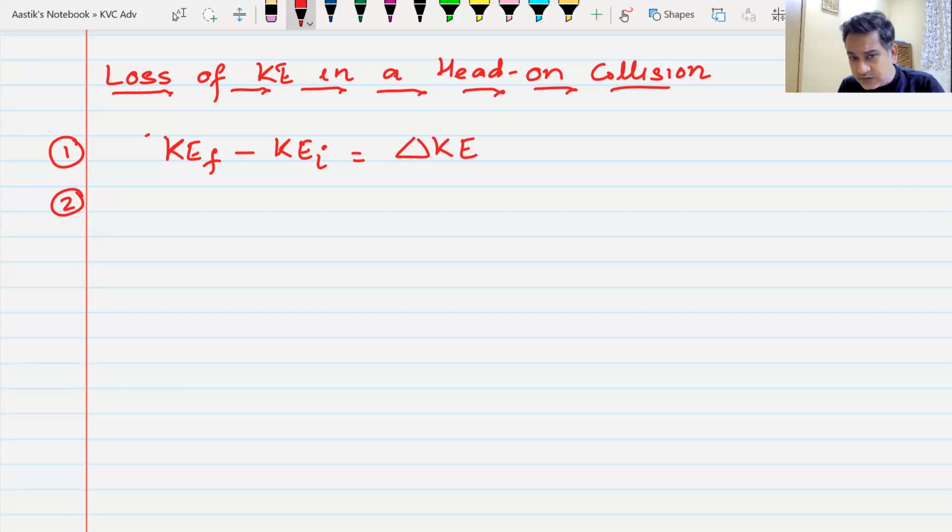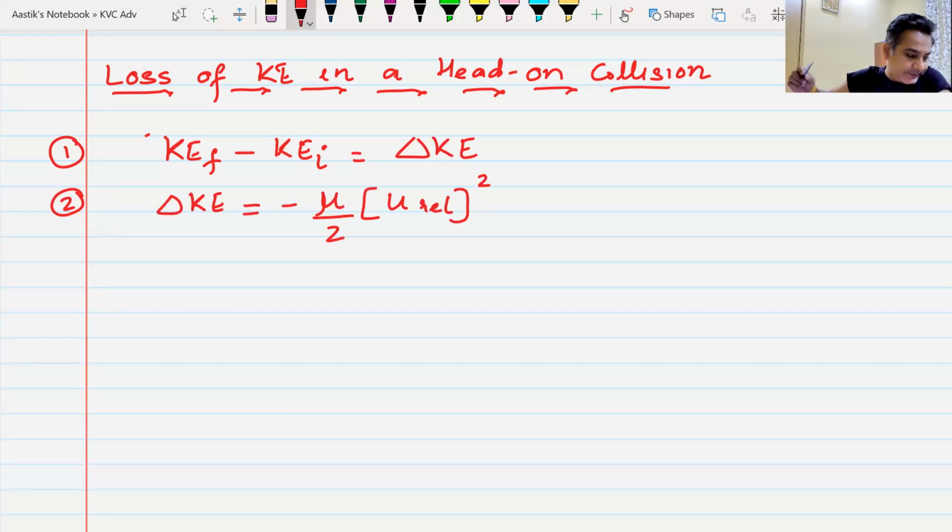We can devise a formula which can be applied everywhere, only for head-on collision. So that is the formula that I have got for you. Sorry, this should be equal to minus mu by 2, u relative square, into 1 minus e square.